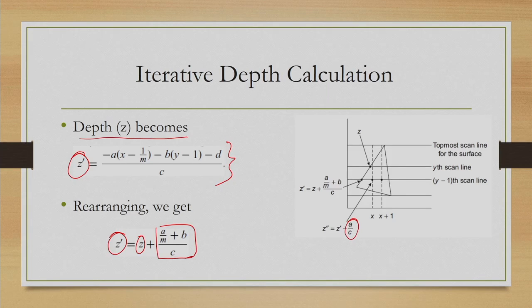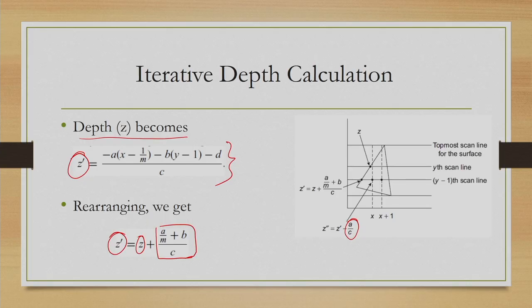So, this is the iterative way of computing depth, and this method we follow in the Z buffer algorithm to compute depth at a given point.